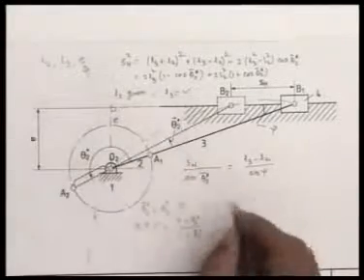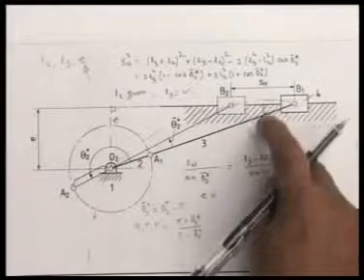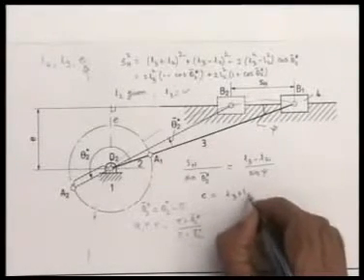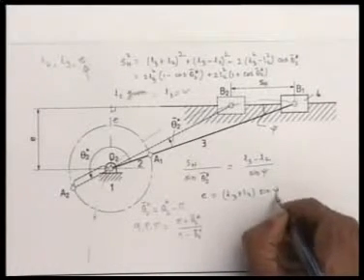And this E is nothing but O2 B1 sine psi, which is L3 plus L2 sine psi.